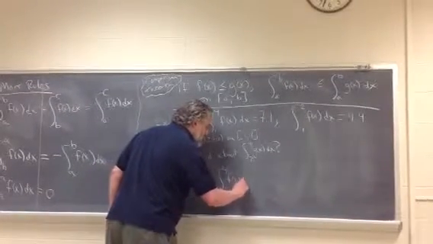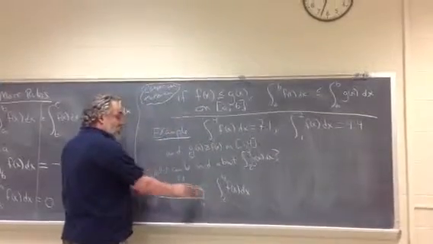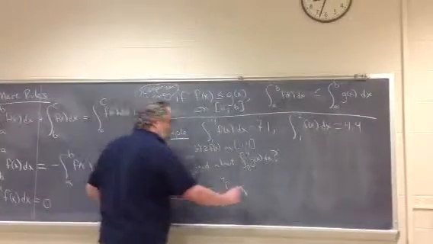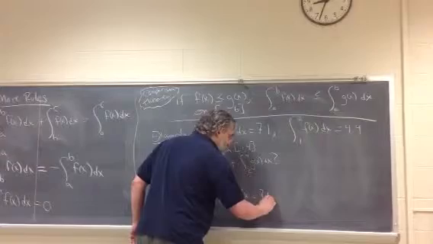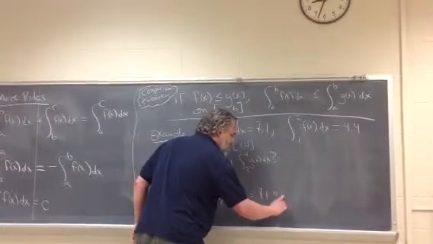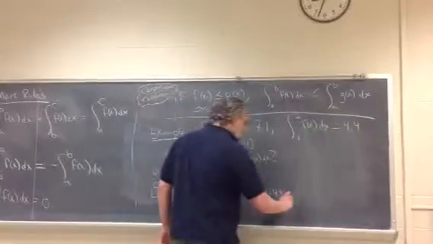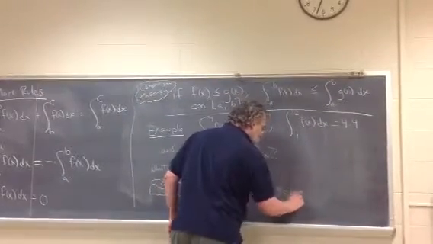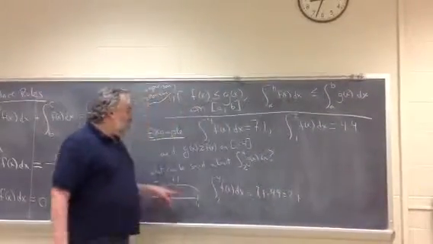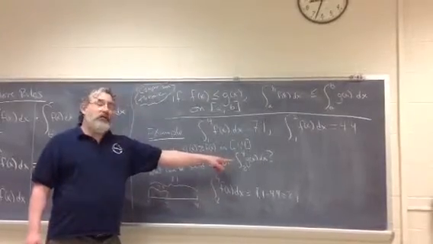It's going to be the whole distance minus the smaller piece. So that is 2.7. Is that right? Yep, that's right.